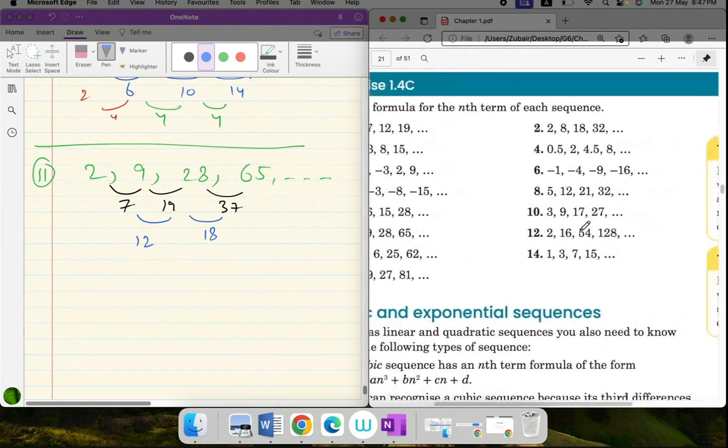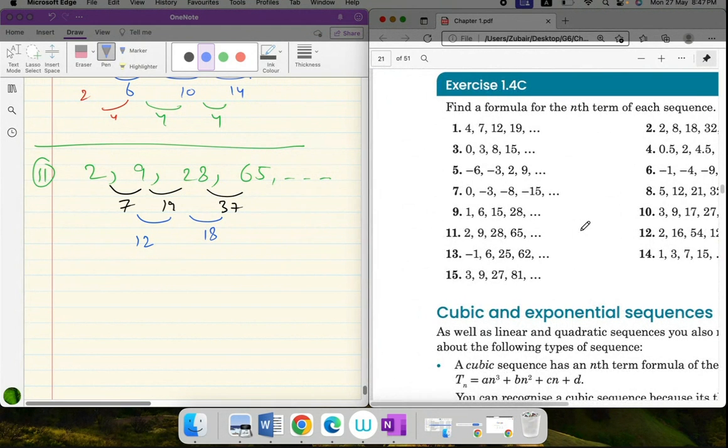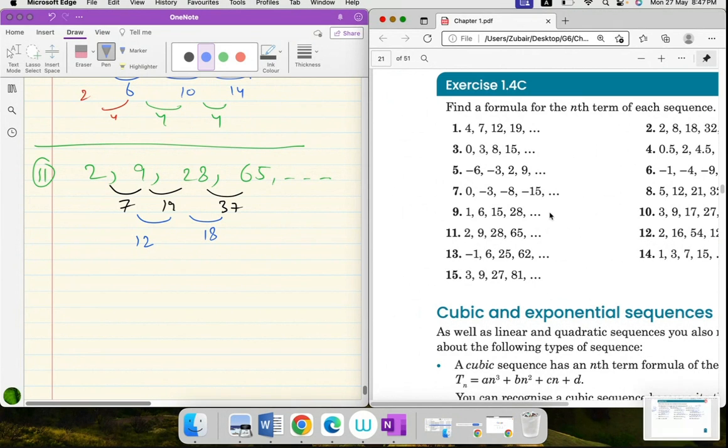Find the nth formula of each sequence. We'll do it some different way. 2, 9, 28, 65. 2 plus 7 is 9. 9 plus 19 is 28. Plus 37 is 65.